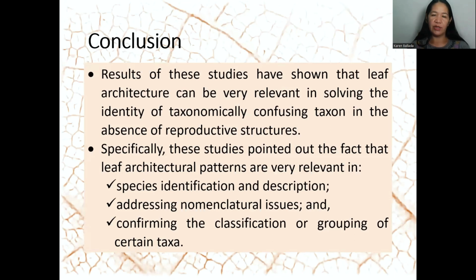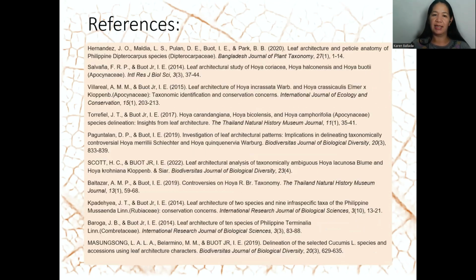In conclusion, the results of these studies have shown that leaf architecture can be very relevant in solving the identity of taxonomically confusing taxa in the absence of reproductive structures. Specifically, these studies pointed out that leaf architecture patterns are very relevant in species identification and description or even delineation, in addressing nomenclatural issues, and of course, confirming the classification or grouping of certain taxa.